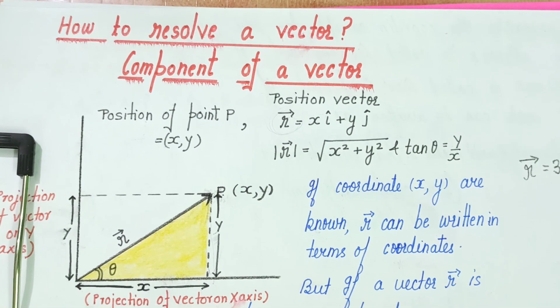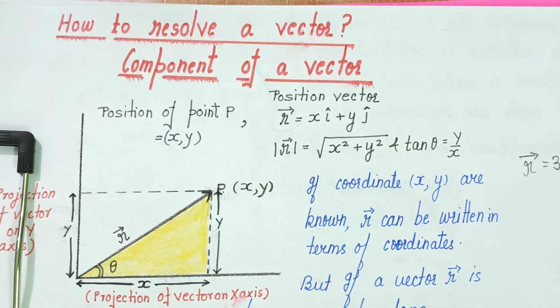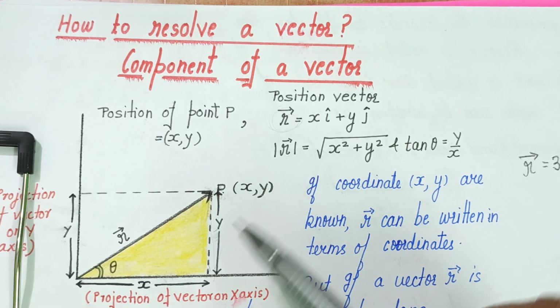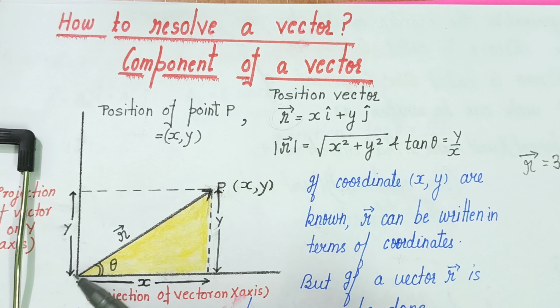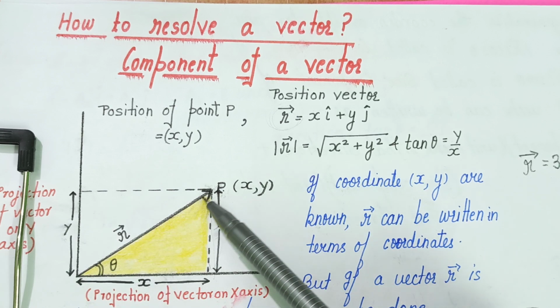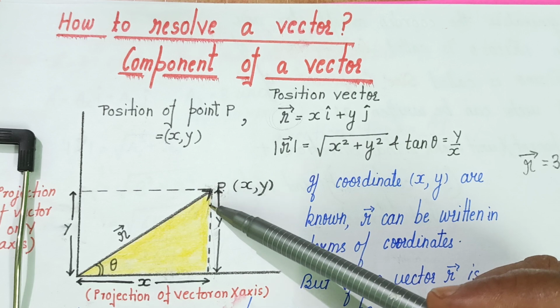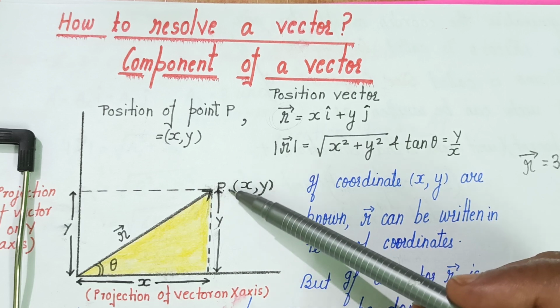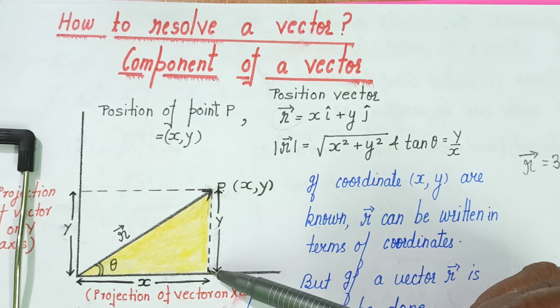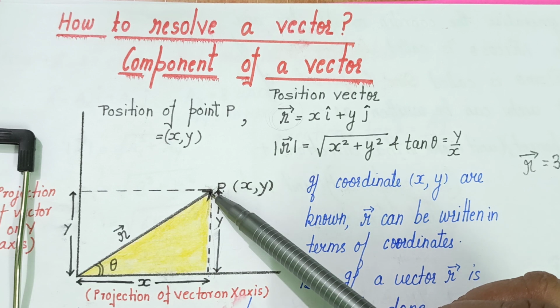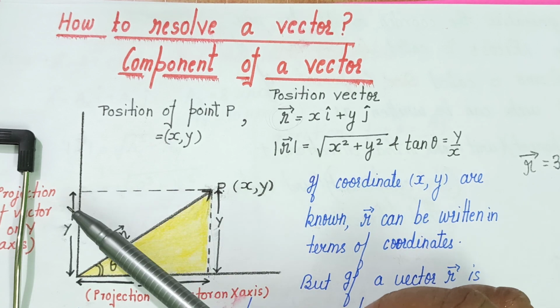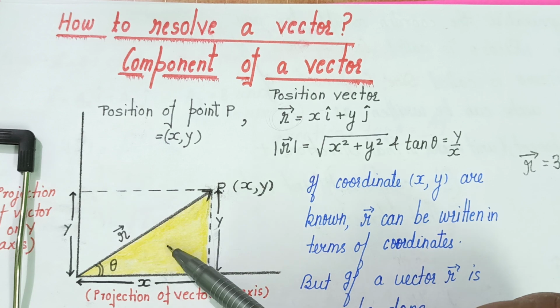Now let me explain to you a method also. What is that method? I have this vector r, I'll drop a perpendicular from the point P on x-axis, and I'll drop a perpendicular from P on y-axis.